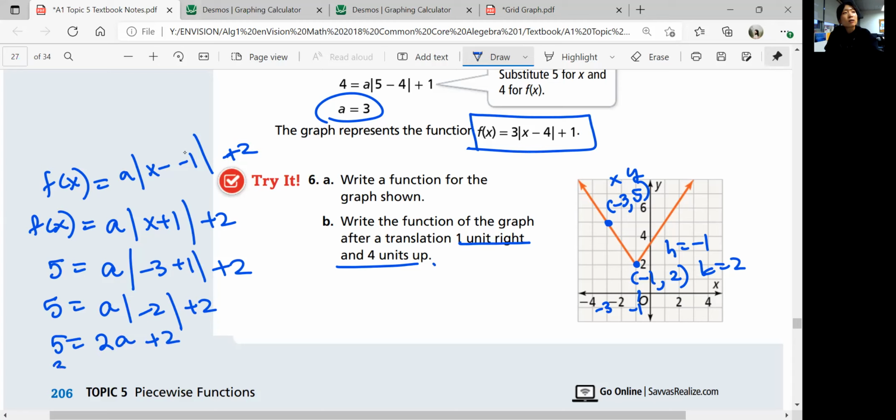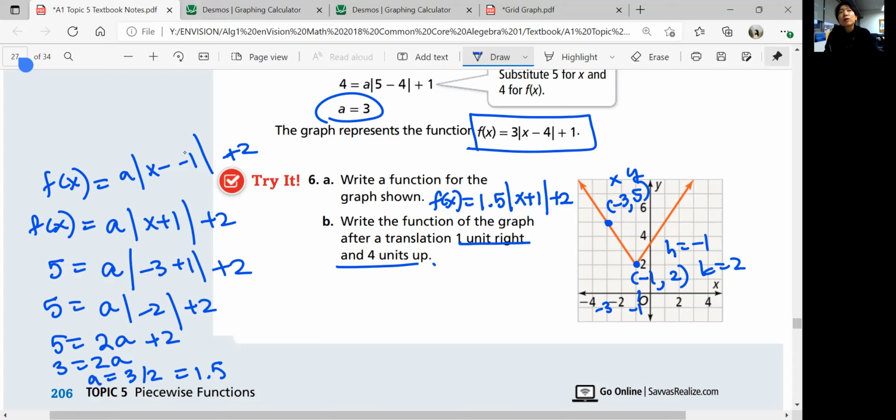Subtract 2 on both sides. 3 is 2a. So a must be 3 over 2 or 1.5. So what is your function? f of x needs to be 1.5 times absolute value of x plus 1, plus 2. Okay, or you can say 3 over 2 for 1.5.